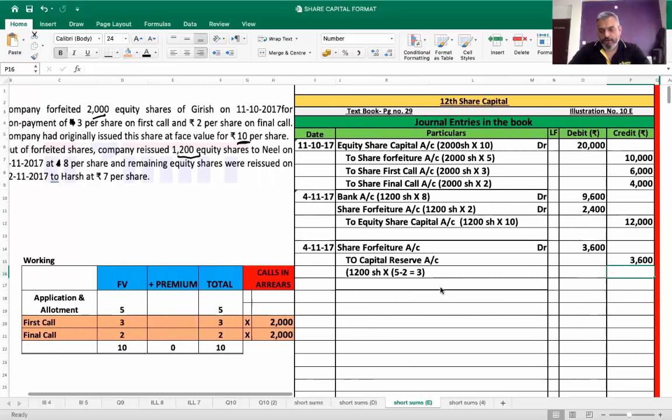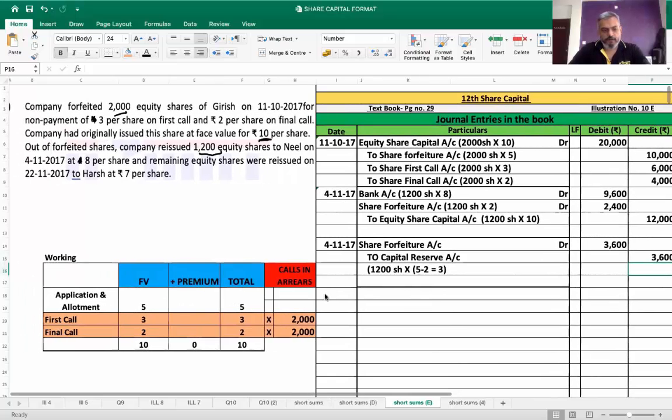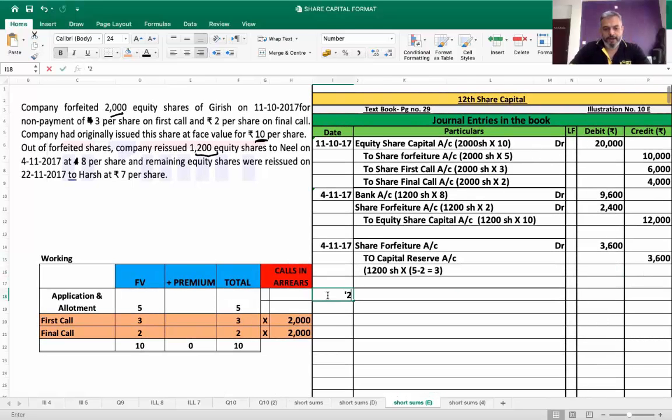Now the sum is not yet over. The remaining were also reissued. So they were reissued on 22/11/2017. So bank account debit, 800 shares at rupees 7.